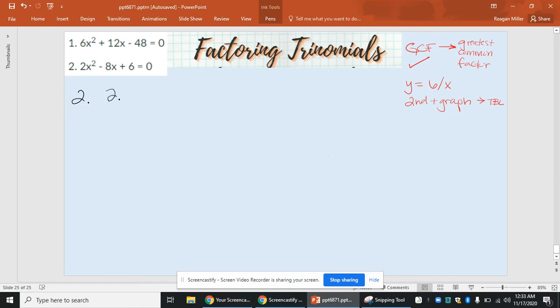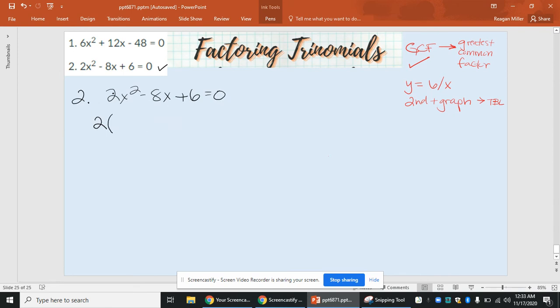Problem number 2 is 2x squared minus 8x plus 6. Of course it is set equal to 0, so that's good. That's our first step. And then the next step is factor out a GCF. Your GCF is going to be 2. 2 is the largest number that divides evenly into all of these.